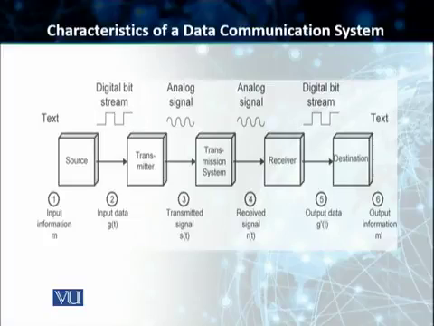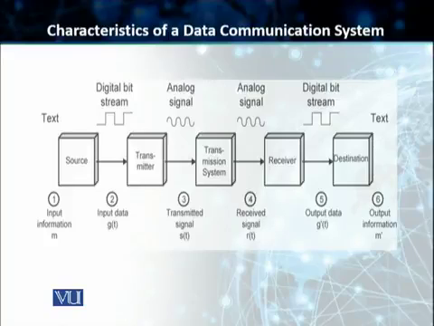If you're not, then we are going to be talking about that as well. But for the discussion's sake, at this point in time, source converts the text or the email that you write into the digital bit stream and then gives it to the transmitter. ये converted format जो है, that is represented in this particular case as g(t), G as a function of time.